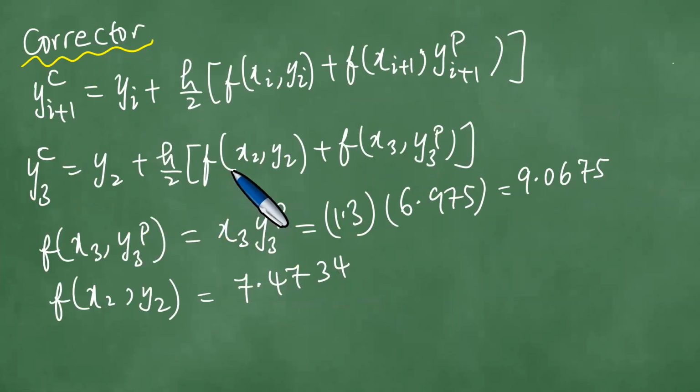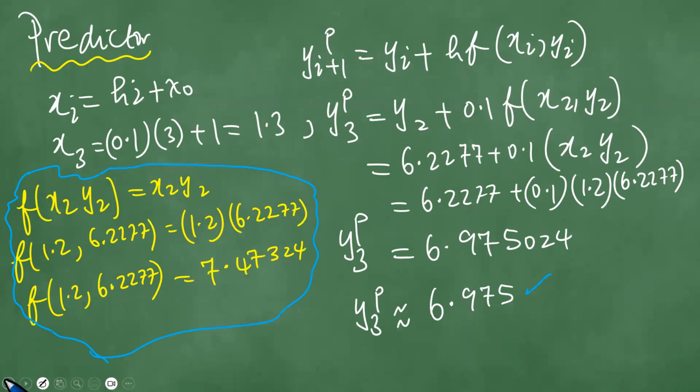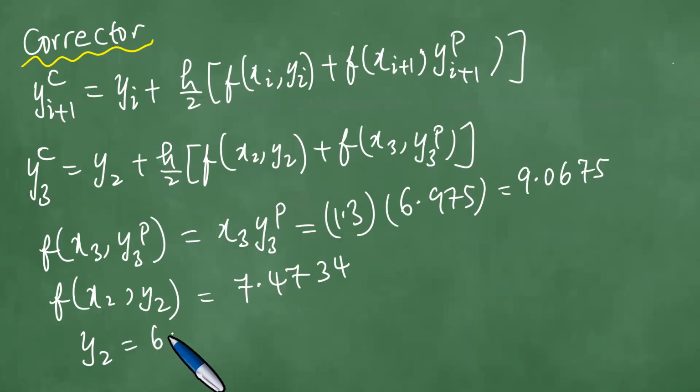So we got this f x2 y2, we have h is 0.1, and then we also have y2. What did you get y2 to be? 6.2277. It's easy to get mixed up here.